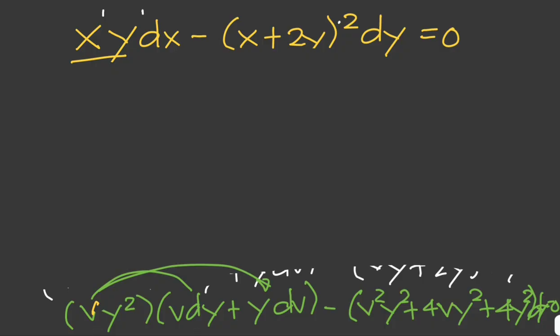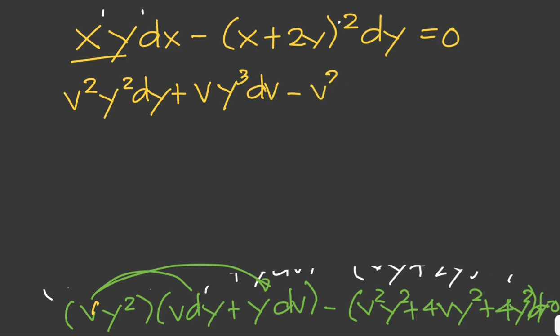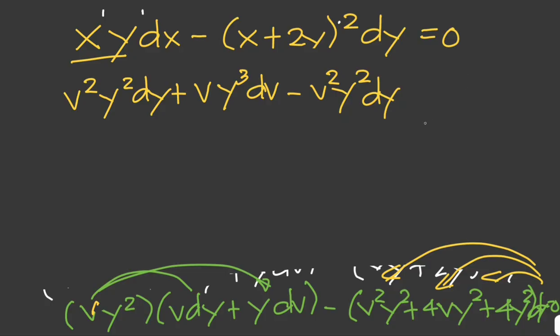This would become v squared y squared dy plus vy cubed dv minus v squared y squared dy, because we distribute dy here, minus 4vy squared dy minus 4y squared dy equals 0.